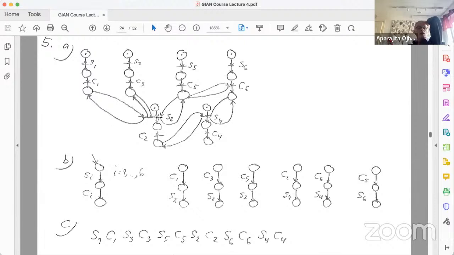I introduce here labels or event labels Si for start of operation i. So in this case, S1 starts operation 1, and C1 means complete operation 1. And you could say that operation 2, the start of that, has a number of conditions here, and also that S4 has a few conditions.